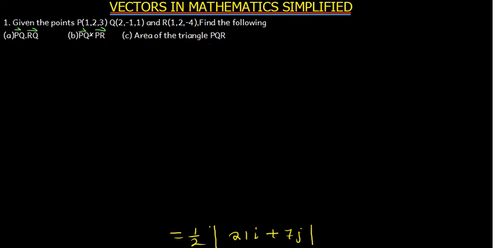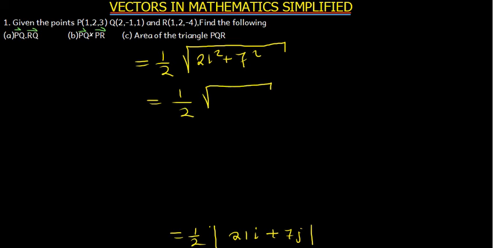So now we are going to take its modulus. So what we are going to have is 1 over 2. The modulus is simply the distance, so that is the square root of 21 squared plus 7 squared. And this is going to give us 1 over 2. Of course, 21 squared is 441, and then plus 7 squared, which is 49.